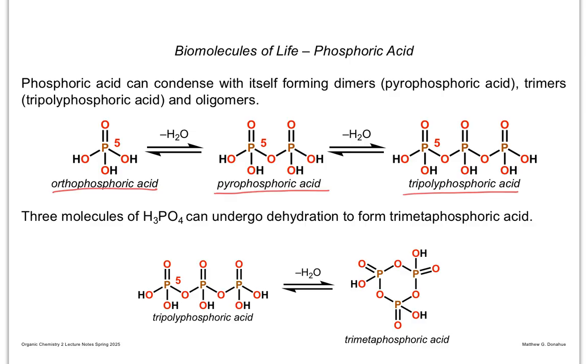The tripolyphosphoric acid can also be cyclized by losing H2O, and this is called trimetaphosphoric acid. So phosphorus is pretty versatile like that chemically, and that's been exploited through evolutionary processes.